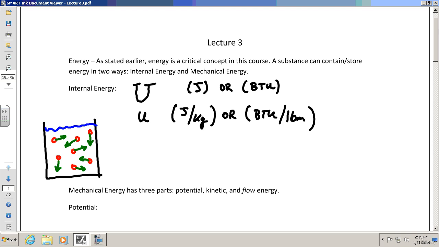So it's not really stored as heat. That's not really proper thermodynamics. It's really energy stored in molecular velocity, but practically speaking, it's energy stored as heat, as a higher temperature. So it's proportional to temperature.